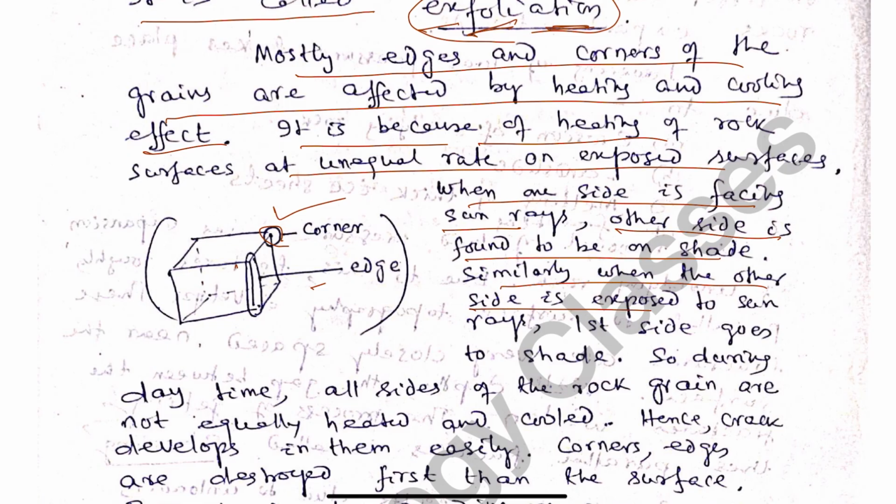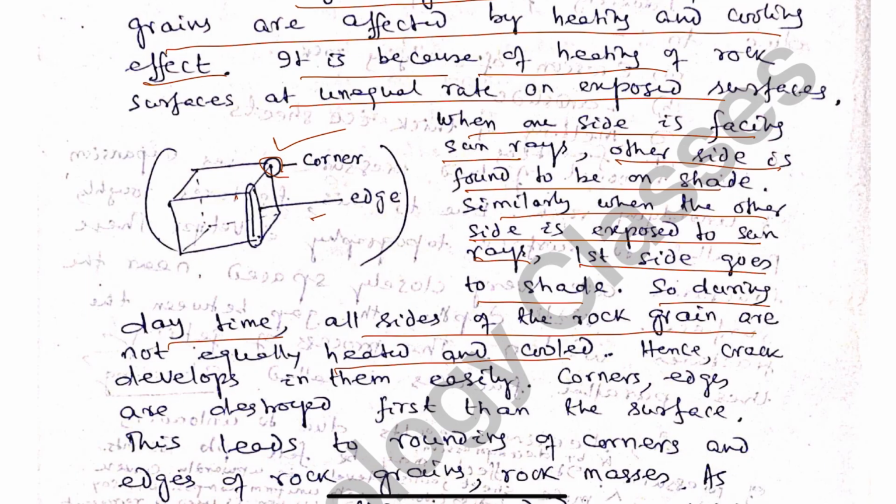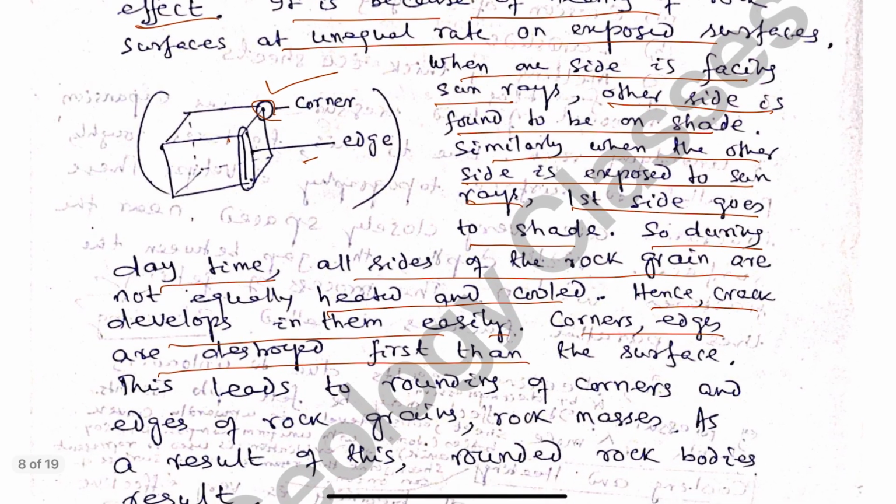Similarly, when the other side is exposed to the sun rays, the first side goes to shade. So during daytime, all sides of a rock grain are not equally heated and cooled. Hence, cracks develop in them easily. The corners and edges are destroyed first, then the surface.